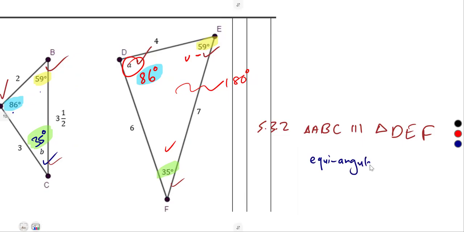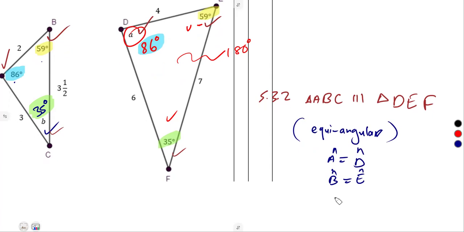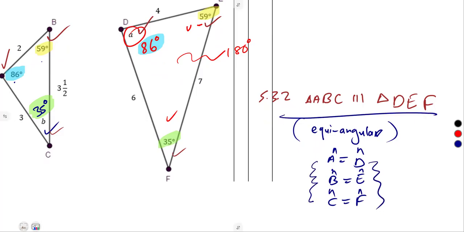These two triangles have equal angles, as we saw that angle A is equal to angle D, angle B is equal to angle E, and lastly angle C is equal to angle F. Similar, equiangular.